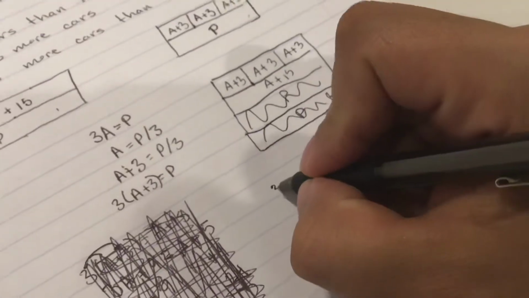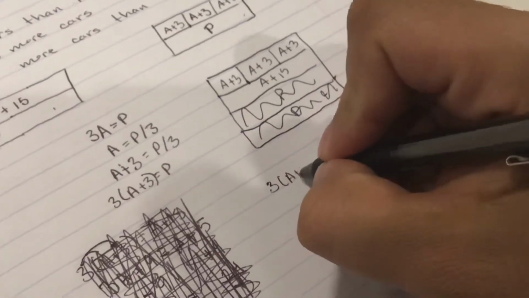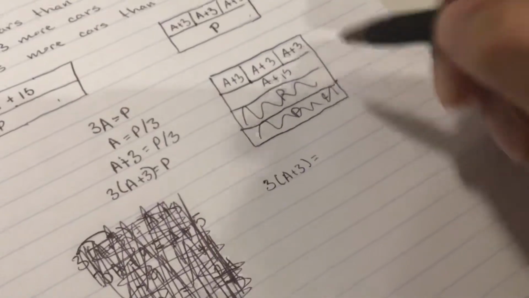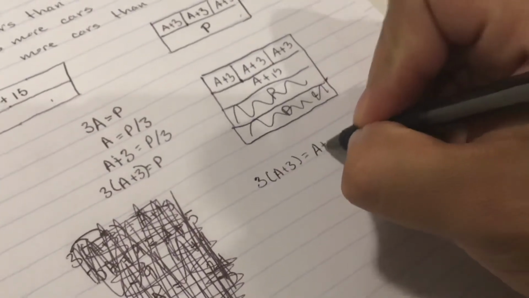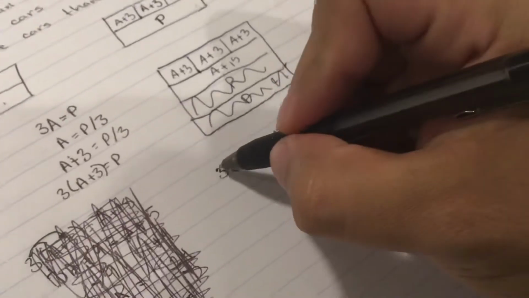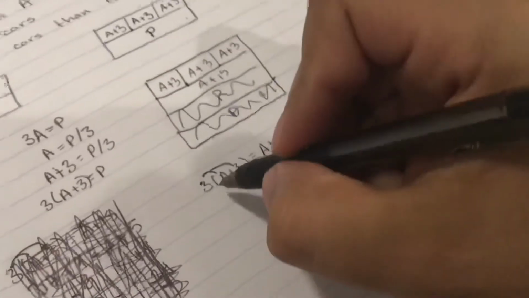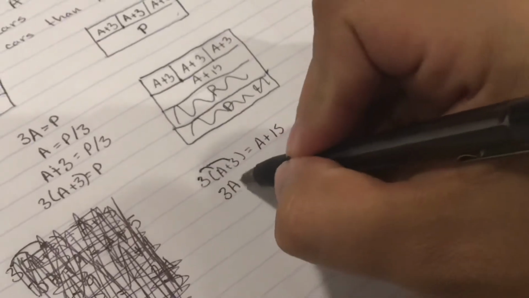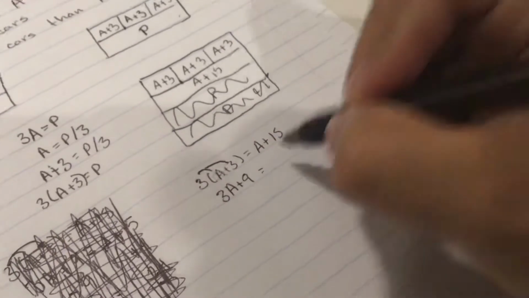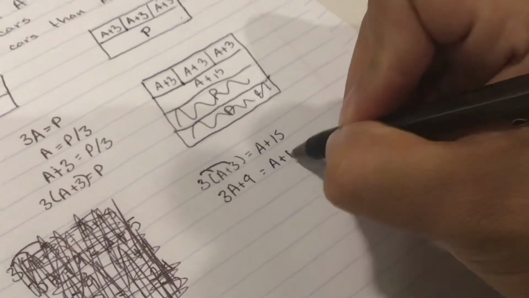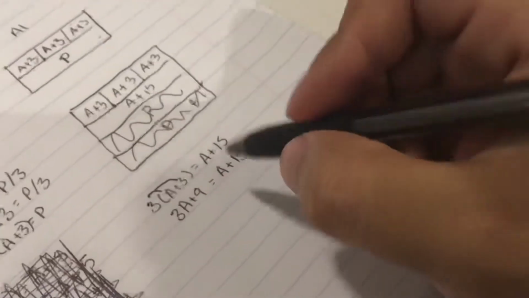So then it's gonna be 3 times A plus 3 is equal, remember, this is the same piece as A plus 15. So now remember every time we distribute, we're gonna distribute this to the first and this to the second. So it's gonna be 3A plus 9 equals A plus 15.